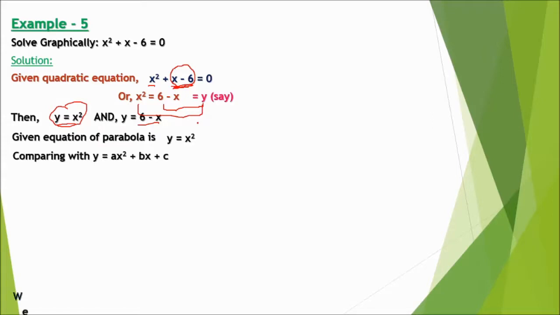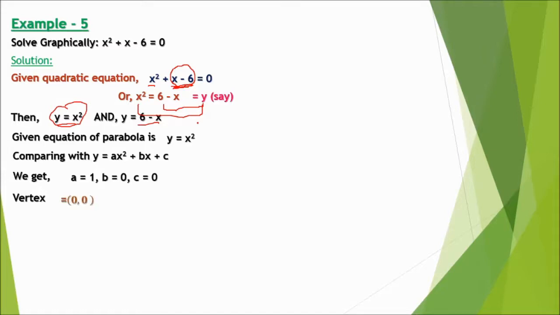Comparing with this, B and C are missing, that means the value of B and C will be 0, 0. The value of A is 1. So our vertex is, if you forgot the characteristic also, you can apply the formula and you will get the same result, 0 comma 0. Here I have written 0 comma 0 directly.